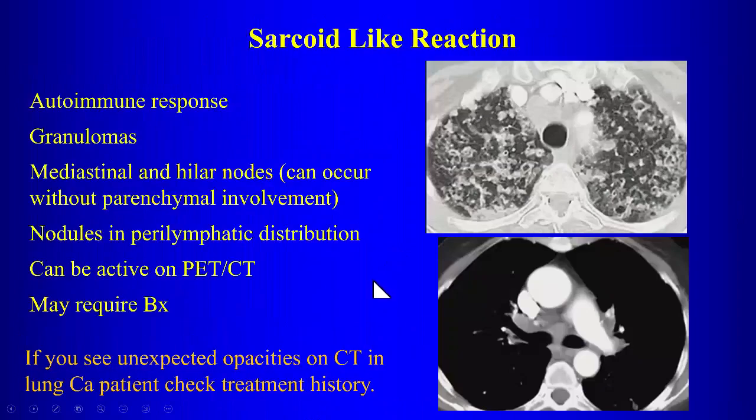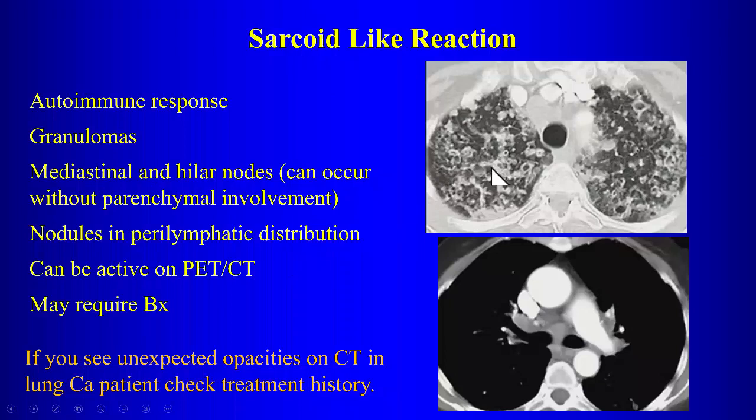There are other strange reactions that can also occur. There are various types of autoimmune responses like sarcoid. The sarcoid-like reaction can also occur with immunotherapy. So these patients can have nodules along, we talked about interlobular septal nodules. They can get that with these sarcoid-like reactions. They can have lymphadenopathy. And you can imagine it would be very difficult to differentiate this from the actual neoplasm.